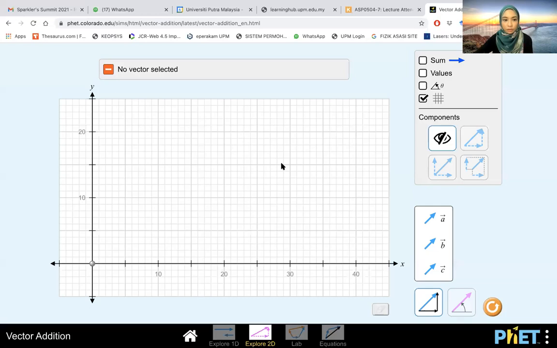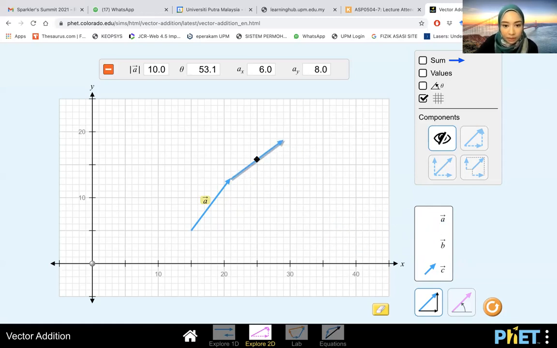Okay. So here we have an animation of vector addition. So let's try it. Tip to tail method, I think. So I have vector A. Can you see tip to tail? Okay, fine. Vector A and vector B. Let's make it a bit strange.